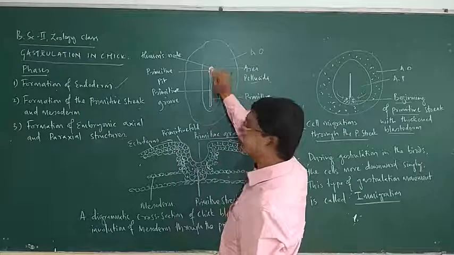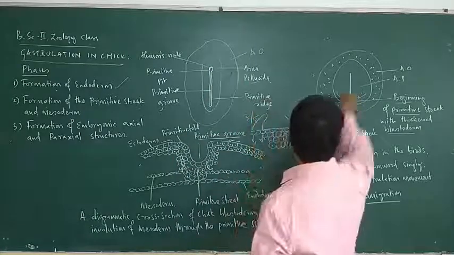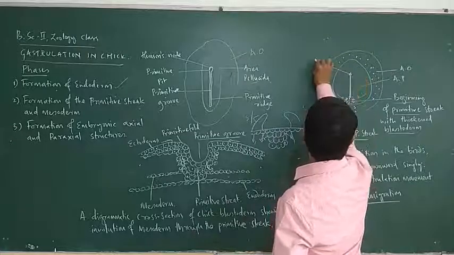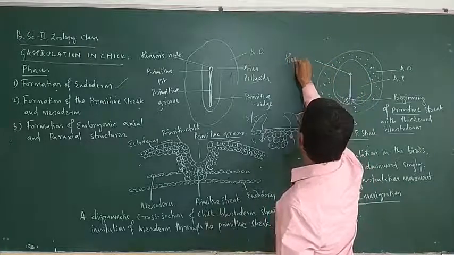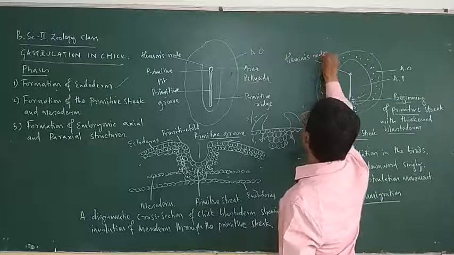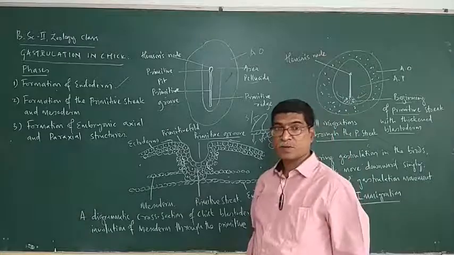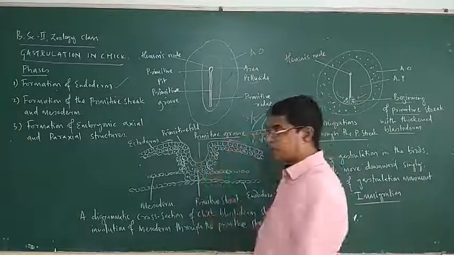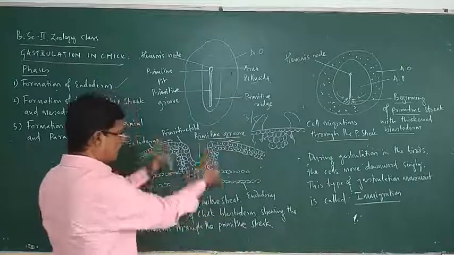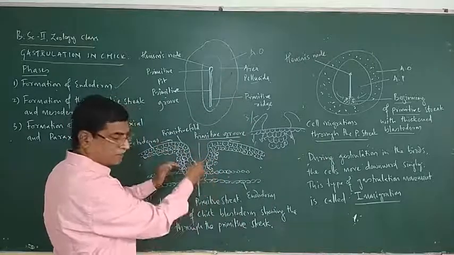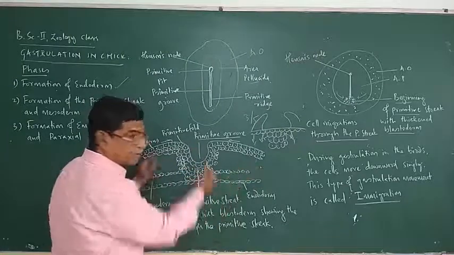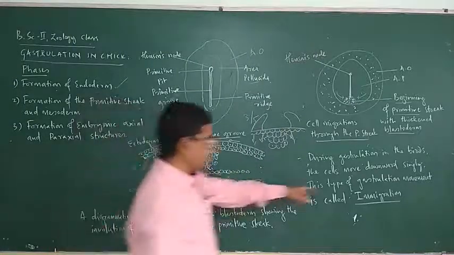The anterior end of the primitive streak is thickened. This is called Hensen's node. Due to the single movement of cells towards the hypoblast and laterally to form the mesoderm, it is referred to as immigration.